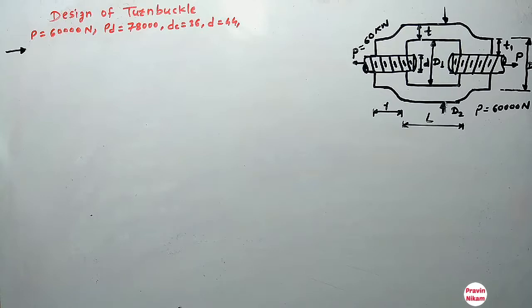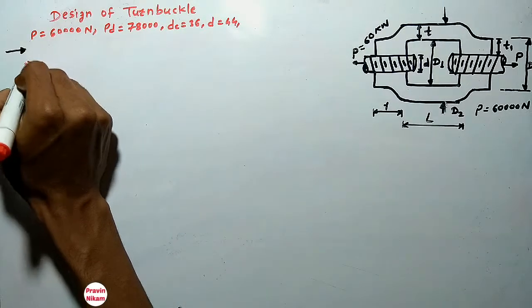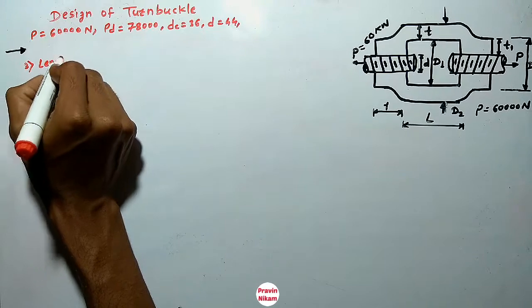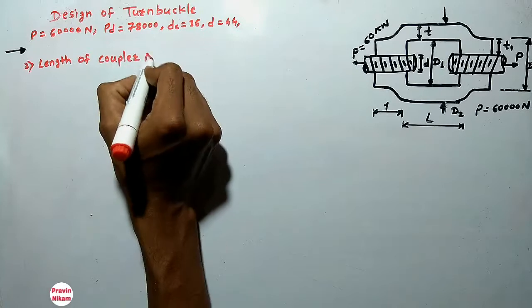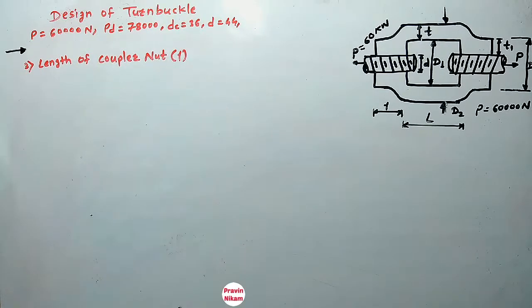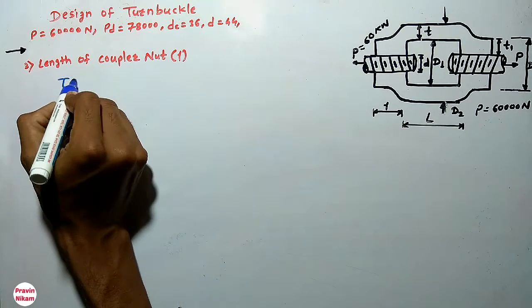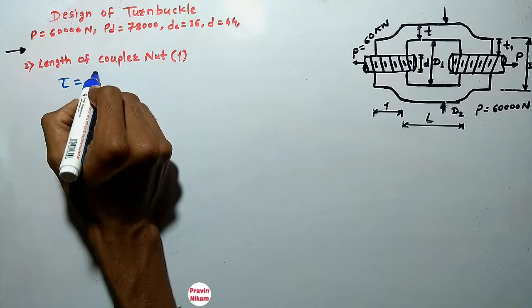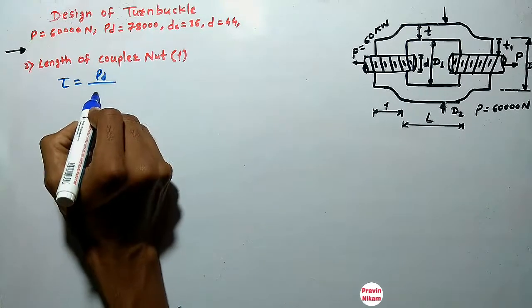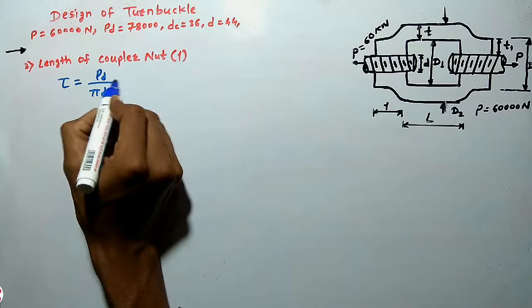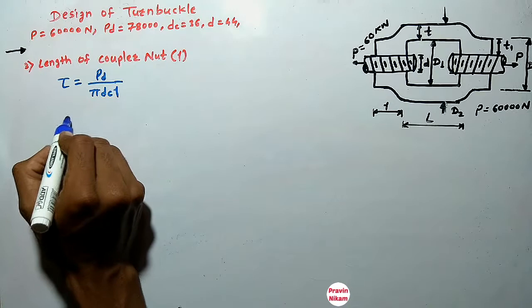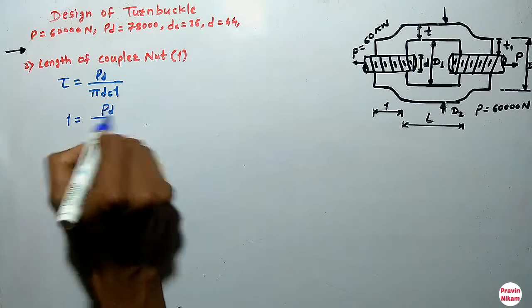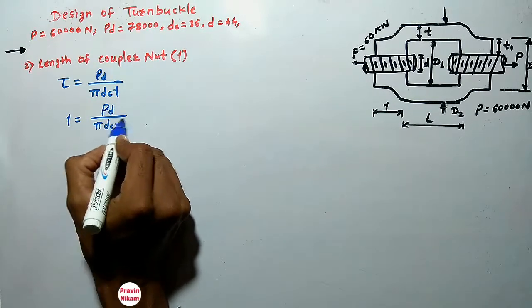Now the third dimension is length of coupler nut, that is small l. To find the length of coupler nut, this empirical relation is used, that is tau is equal to PD divided by pi DC L. For the coupler nut, tau is 40 Newton per mm square. So L is equal to PD divided by pi DC into tau.